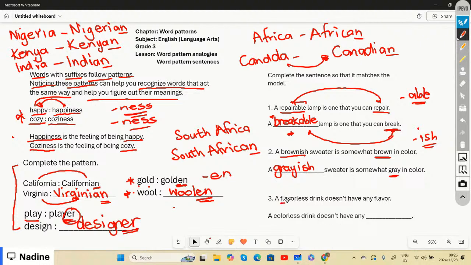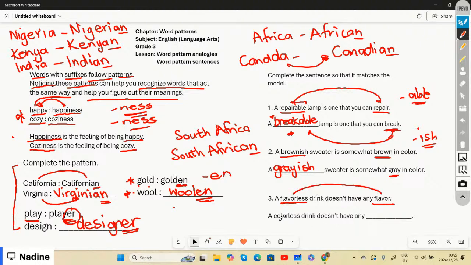So here it says a flavorless drink doesn't have any flavor, meaning if there's no flavor, it is flavorless.